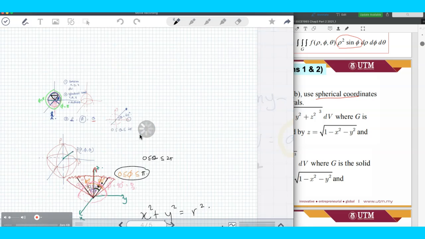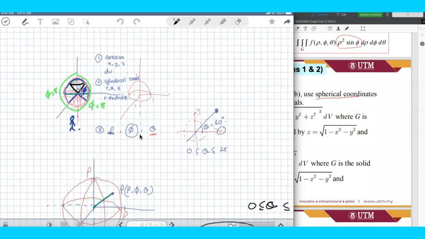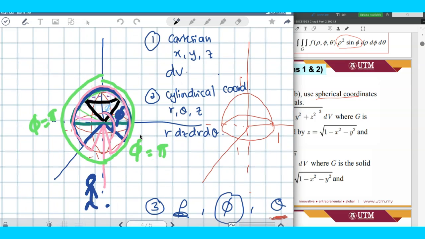As I mentioned in my previous explanation, phi is the angle starting at the positive z-axis. You will have a cone if your phi is smaller than 90 degrees.